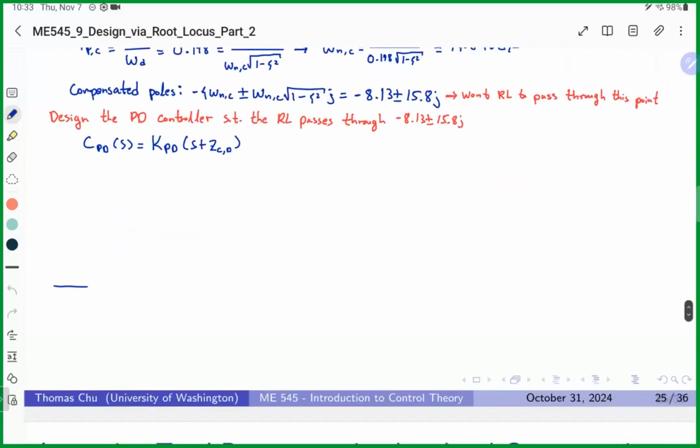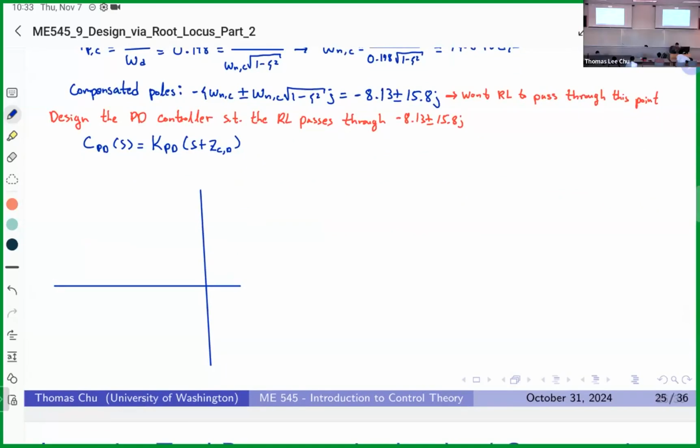I'm going to visually draw out the pole zero map. We have the imaginary axis, the real axis, and then we have a pole at -3, -6, a zero at -8, and a pole at -10.